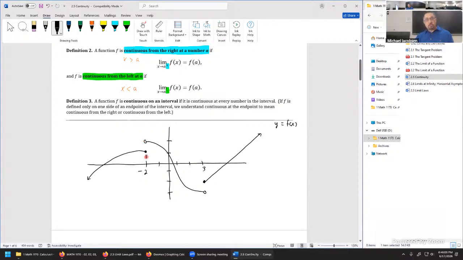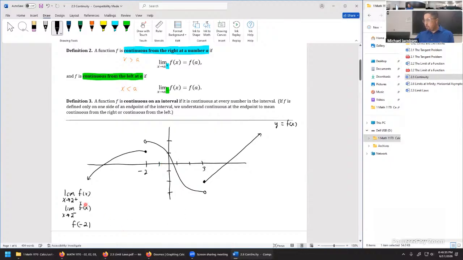Best way to analyze this is just take some limits. So this is kind of a review of section 2.2. At -2, we can take the limit as x tends towards -2 from the right, the limit as x tends towards -2 from the left of f of x. And we also want the function value, f at -2 itself.